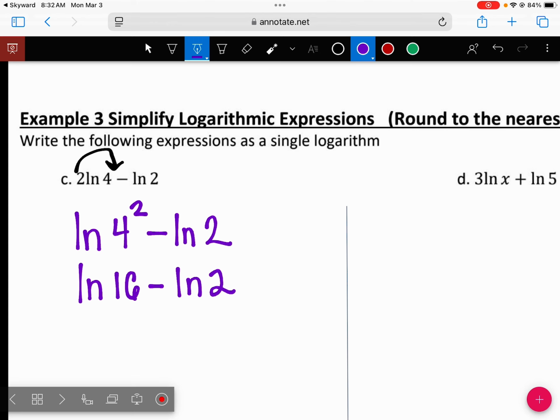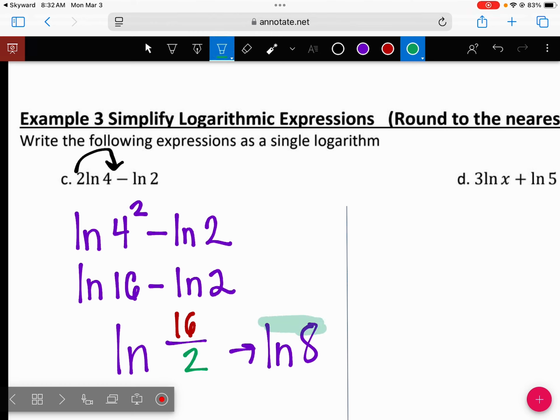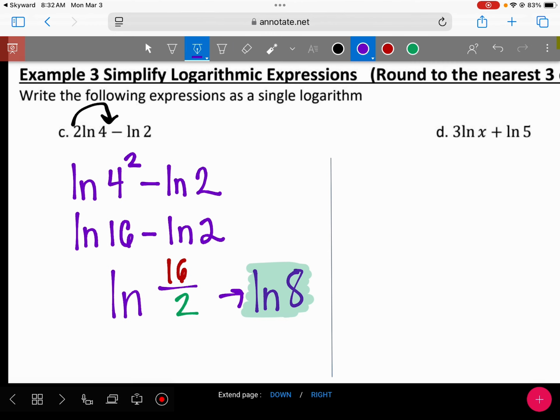Division. So you're going to have the natural log, make your fraction button, 16 divided by 2. Instead of 16 times 2, it becomes division. 16 divided by 2 is 8. So that's the first part of your answer. Now go ahead and type that in. And you should get 2.079 approximately.